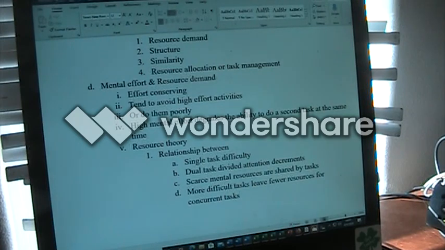This is something that human factors experts have been talking about for a while, that when people talk about multitasking, really what you have is serial processing.